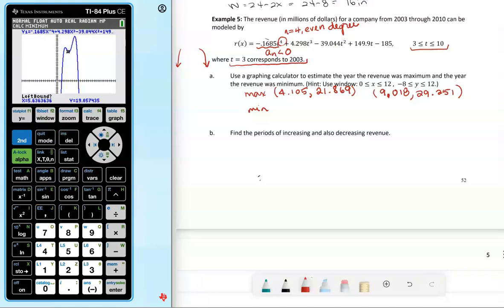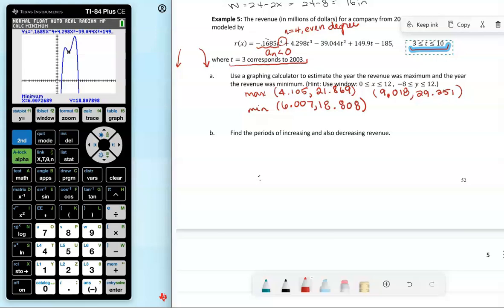The minimum is right here in this dip, and it happens at 6.007, and the y value is 18.808.